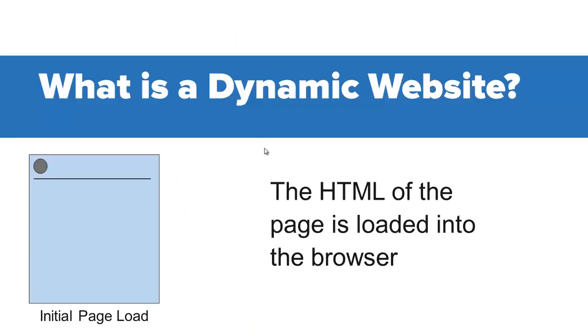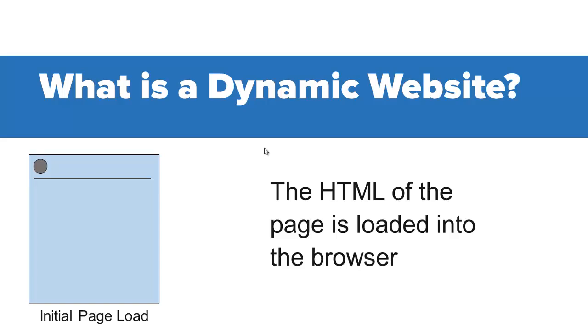First I want to talk about, for those that don't know, what is a dynamic website. My definition is pretty simple. First, when the browser loads a page, there's the HTML that is actually given from the server into the browser.